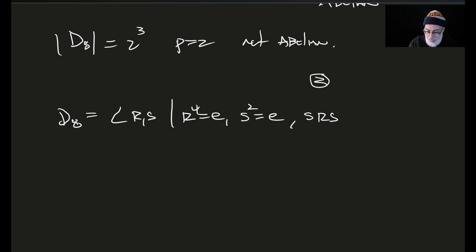I think I did. No, that's not inverse, my fault. Well, S inverse and S are the same thing, but generally this is true. So that's the presentation. We can get every element we want just by this.